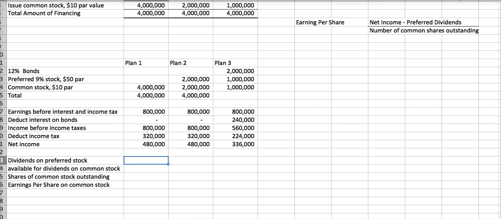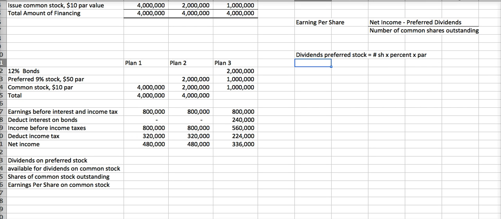So how do we do that? We're going to look and see that this was preferred stock 9%, $50 par. Alright, to calculate dividends, if you remember from chapter 12, dividends on preferred stock equal number of shares times the percent that they promise you, it's 9% there, times the par value.